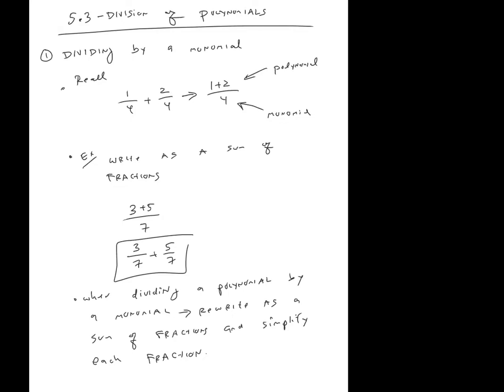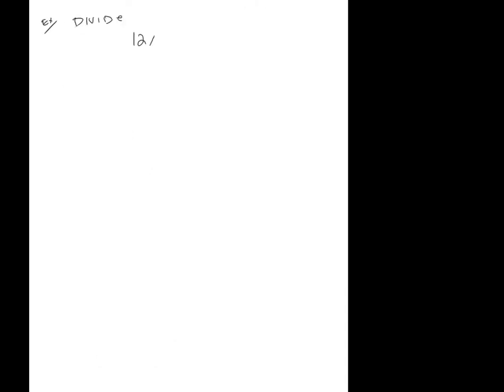Okay. All right. We have 12x to the power of 3 plus 8x squared plus x plus 4. We're dividing that entire polynomial by this monomial of 4x.